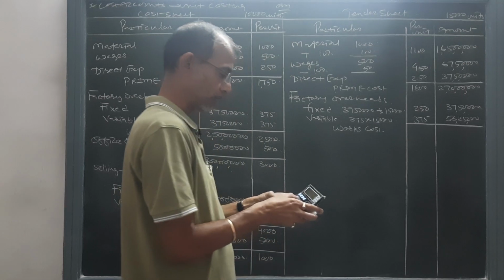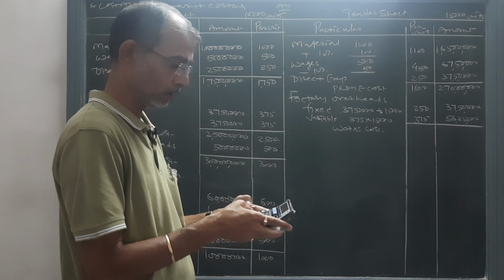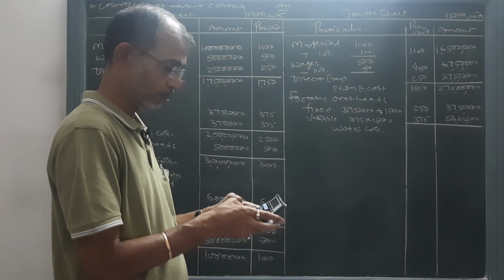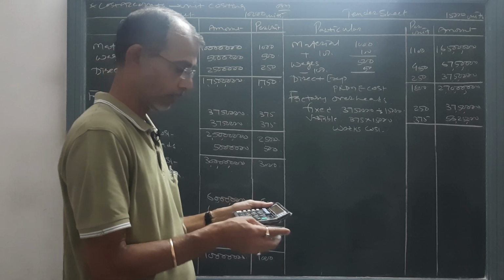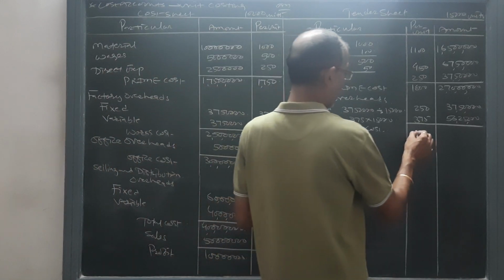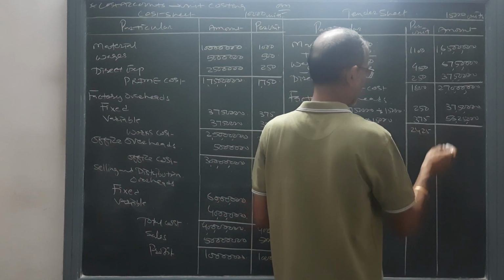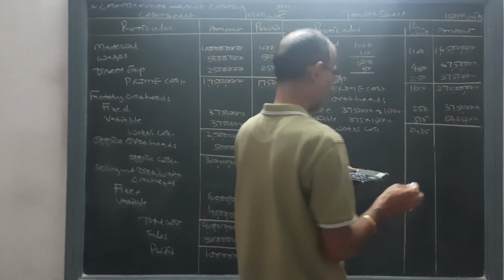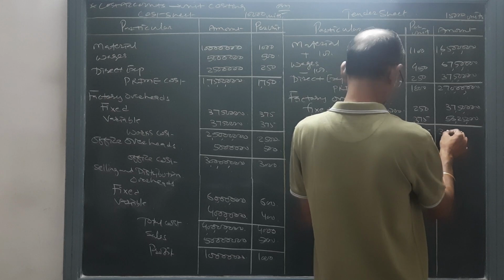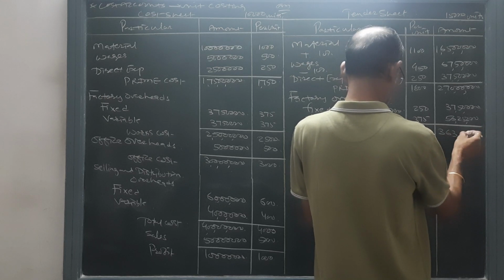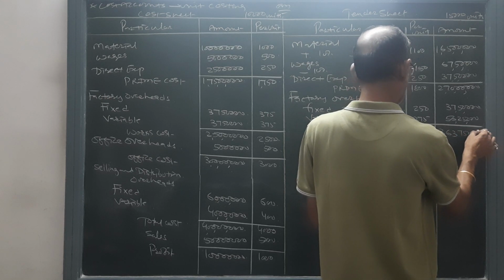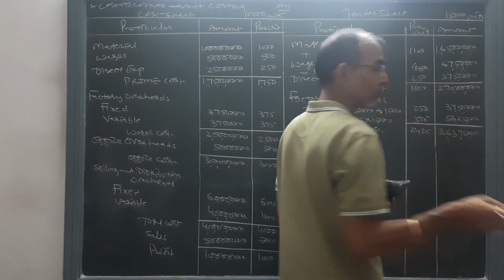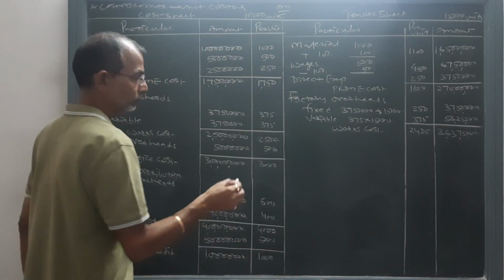And what is that? 1800 plus 250 plus 375, 2,425 per unit, and 3 crore 63 lakh 75,000 is the total amount of work cost.